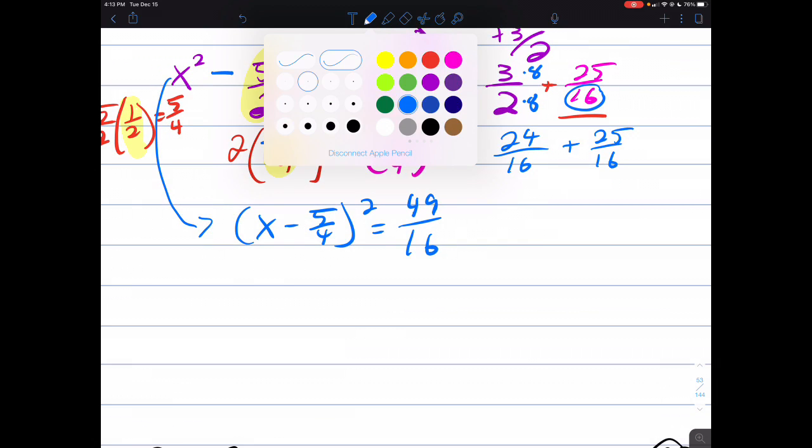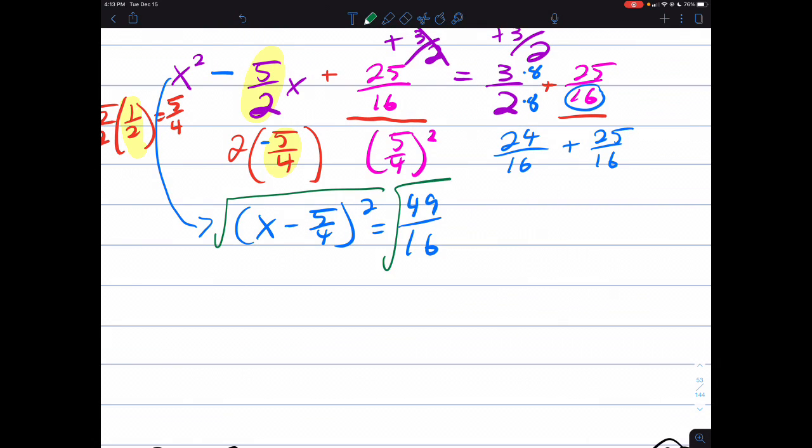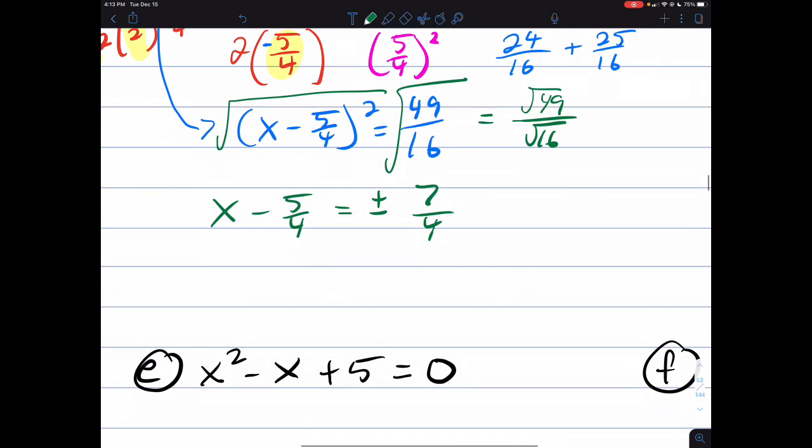Then we can take the square root and get x minus 5 fourths equals plus or minus. Square root of 49 is 7. Square root of 16 is 4. So that worked out to be perfect squares.